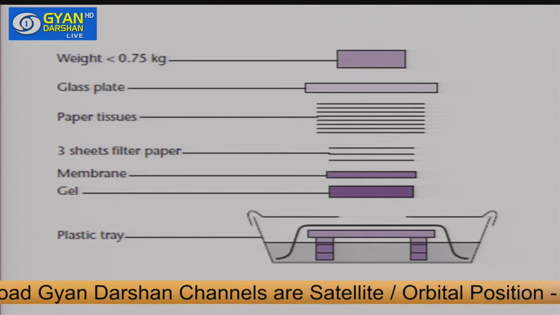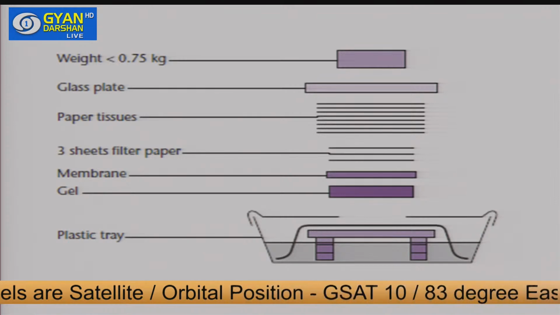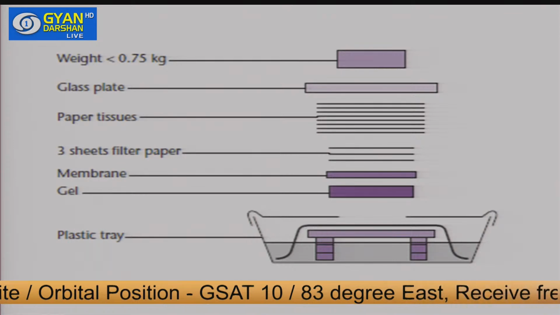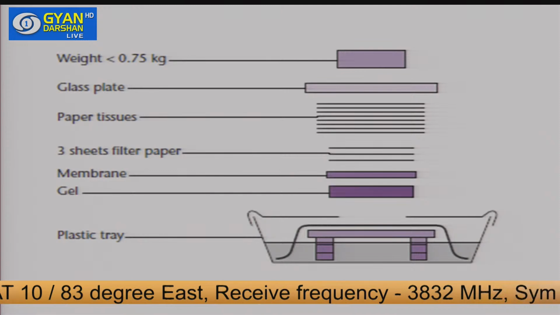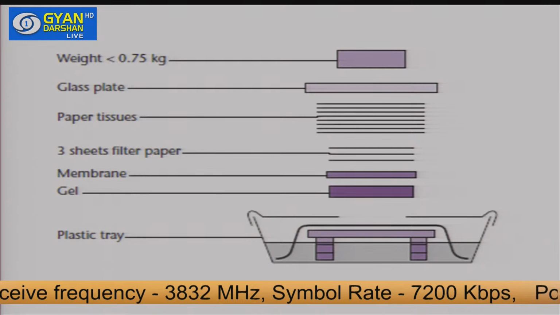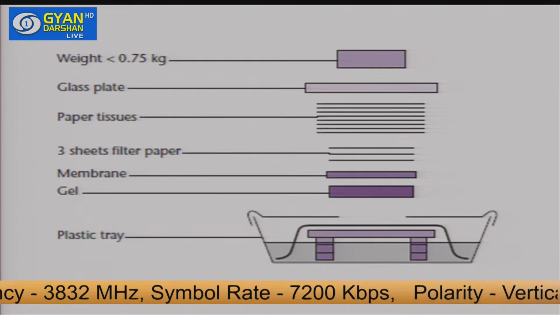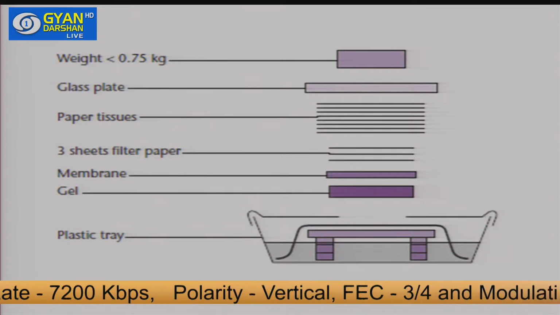So the next day when you come, you will see all these materials are wet, because from the reservoir there is a suction and there is a capillary transfer, because you have given the paper wicks which will absorb the buffer, and in this capillary transfer process, there is a transfer of DNA from the gel to the membrane.